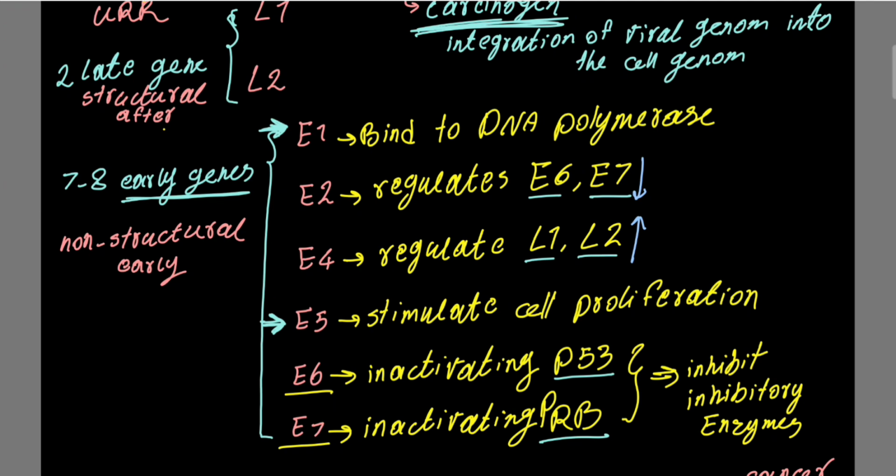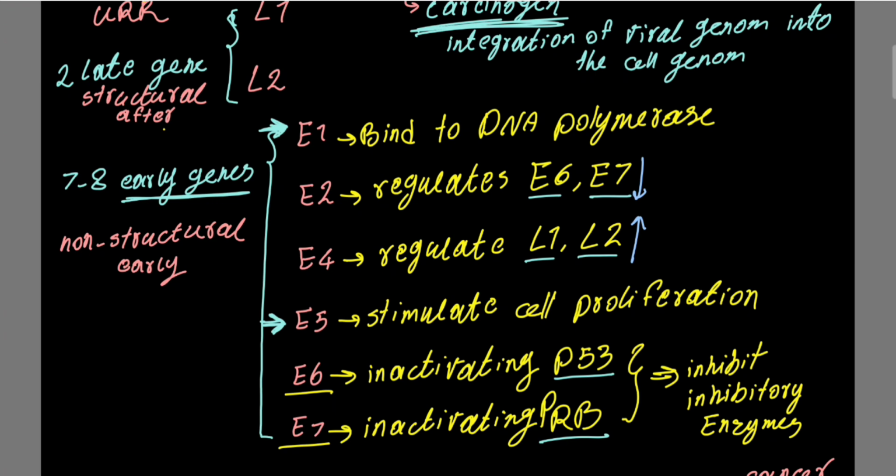And E4 is the regulatory region for E1 and for L1 and L2, which are structural ones, but in normal condition, because they're late, we don't want them. But because E4 is an early gene, first E4 has to be transcribed, then it lets L1 and L2 be transcribed.